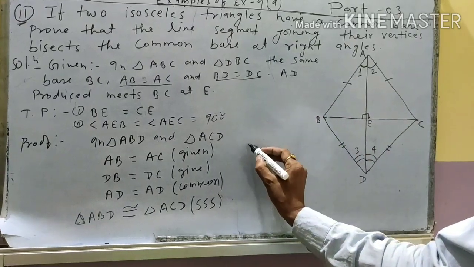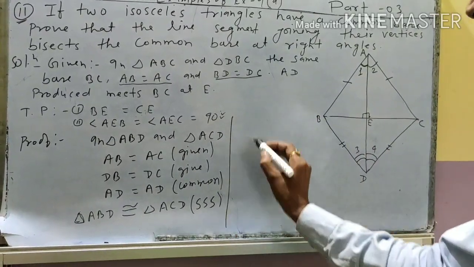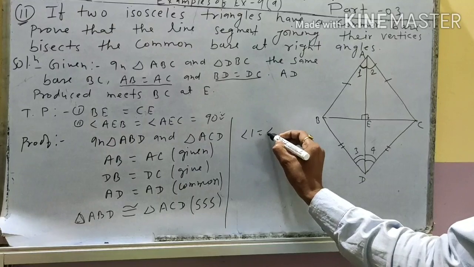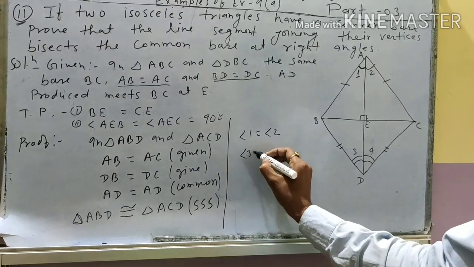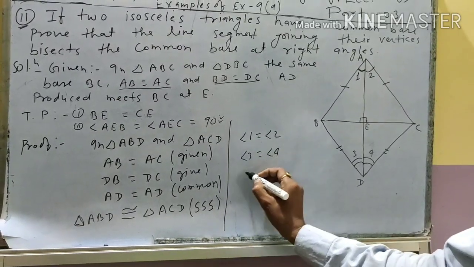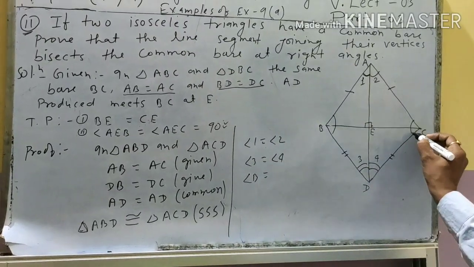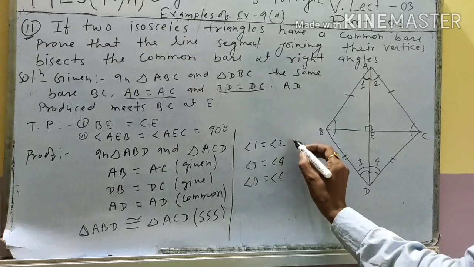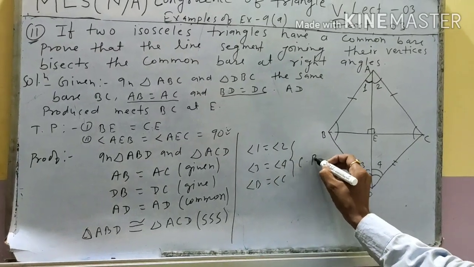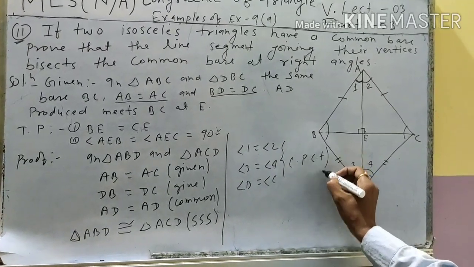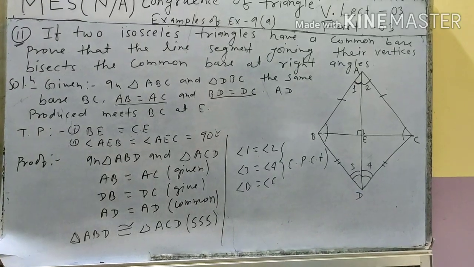So we can write angle 1 is equal to angle 2, angle 3 is equal to angle 4, and completely angle B is equal to angle C. These three are by CPCT, corresponding parts of congruent triangles.